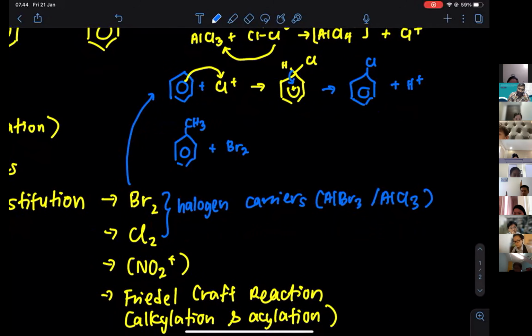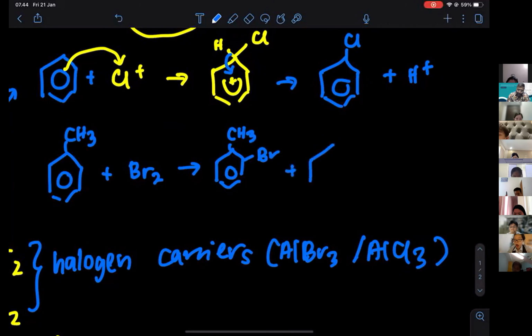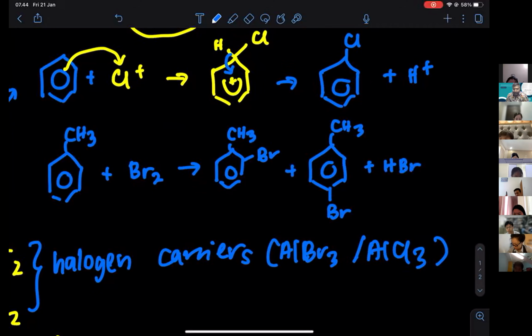You are going to get a mixture, and this is very important: the product at position 2 and the product at position 4. Position 6 is no need, it's the same as earlier. And then HBr. It's not balanced, so if you want to balance, this one should be 2.